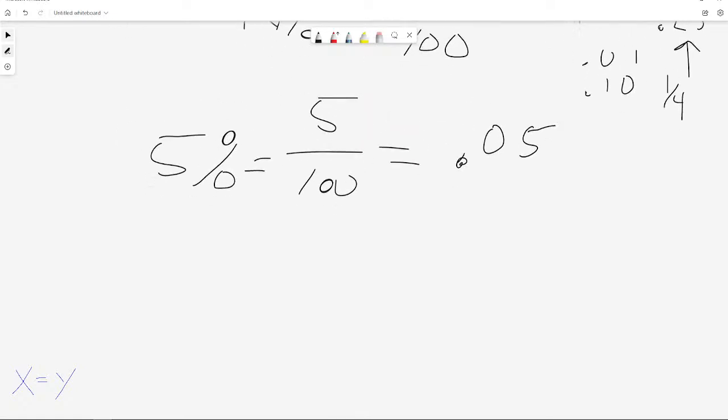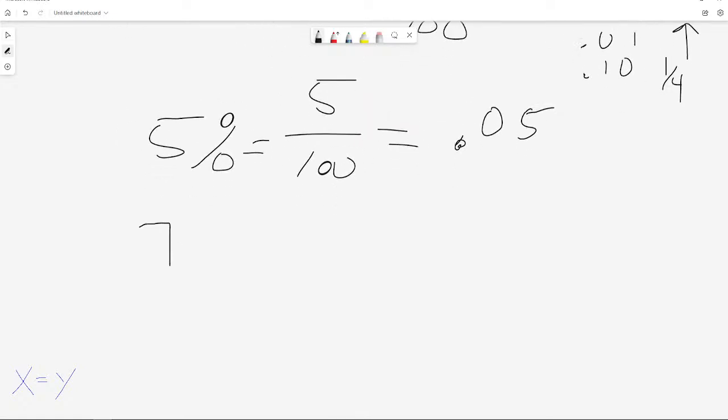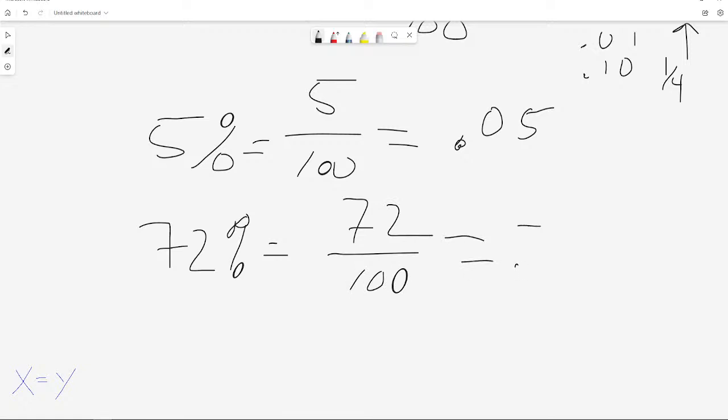So if you have like 72%, that's equal to 72 over 100, which is equal to 0.72. So 72 cents.